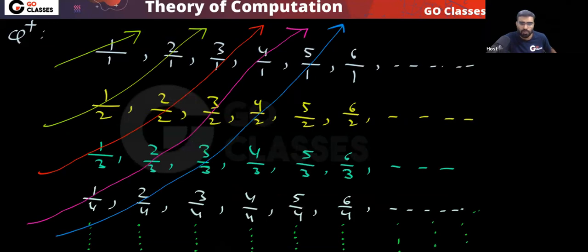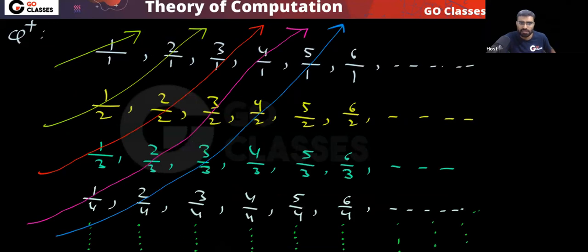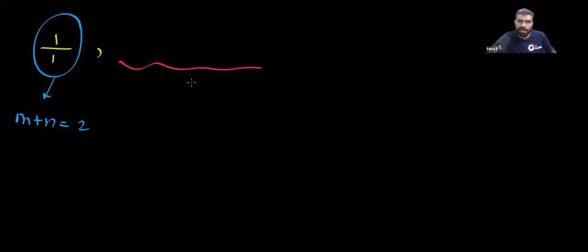Please notice, I can do it like this. First I will cover where m plus n is equal to 2. Then I will cover where m plus n is equal to 3, so I will put 1 by 2, 2 by 1.